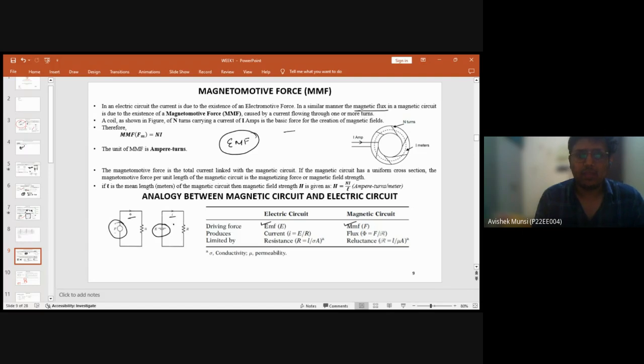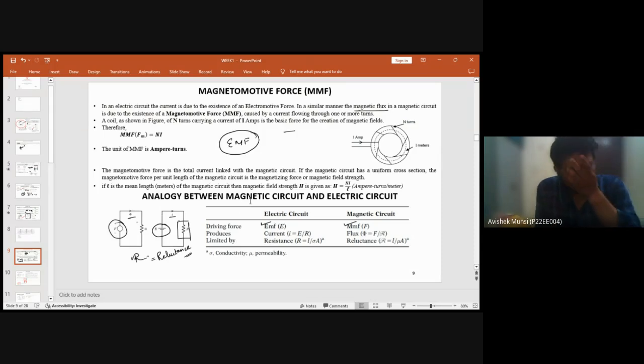In an electric circuit, we have R, that is resistance. According to Ohm's law, V equals IR. In a magnetic circuit, the analogue of resistance is reluctance. So this is the analogy between the magnetic circuit and an electrical circuit.